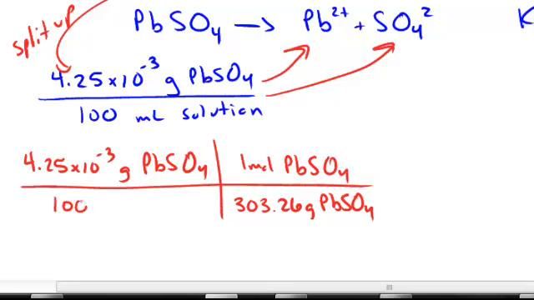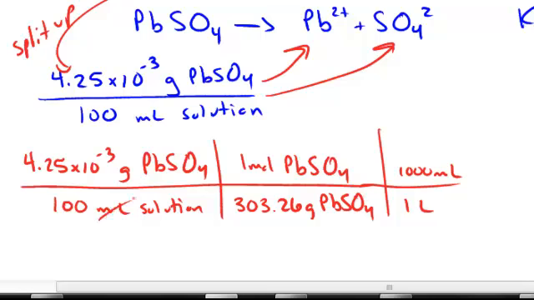Then it already gave us 100 milliliters of solution. All we have to do to get molarity is change that to liters. And now we have molarity.